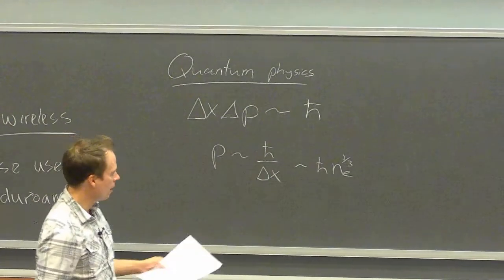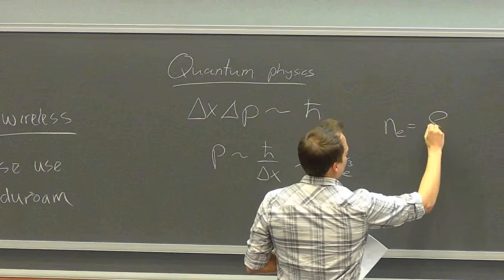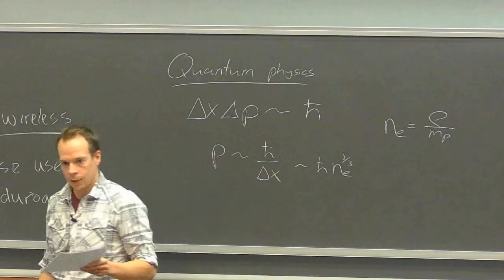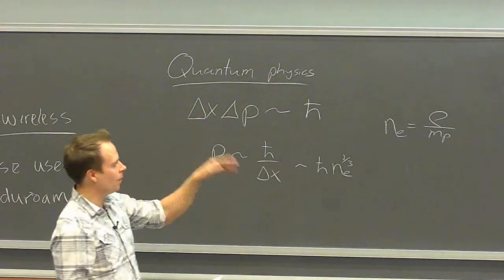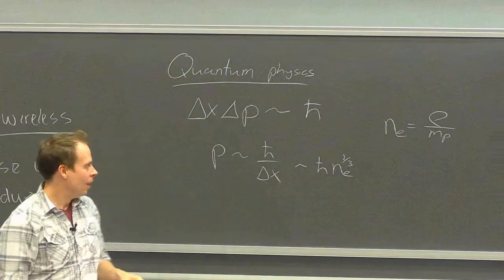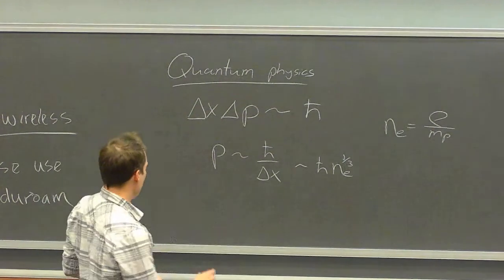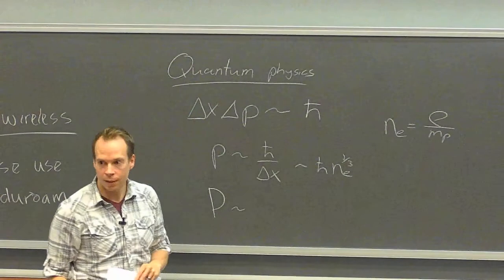Okay, and the number density of electrons is basically just the mass density divided by the mass of a proton, since basically all the mass is in protons, so it's roughly density divided by the mass of a proton. I'm dropping all the factors of pi and 2 and everything for this lecture. So you can then calculate the pressure exerted by these degenerate electrons.